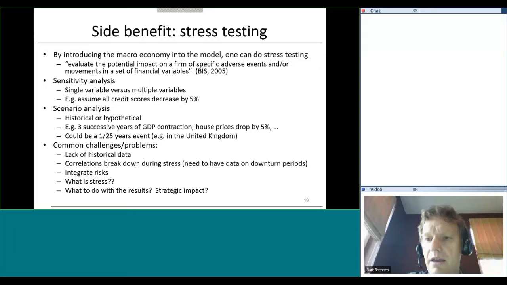You are faced with various risks that you need to integrate together in order to appropriately gauge their joint impact. You have to carefully define what is stress. If you define an adverse macroeconomic event, how adverse should it be? An example could be a 1 out of 25 years event. This is an event which is commonly considered to be an adverse economic event in the industry nowadays.